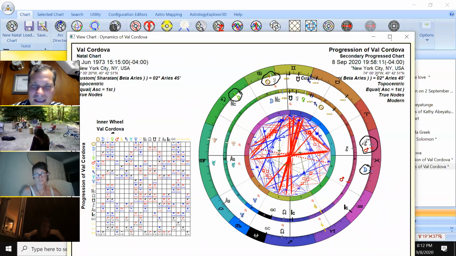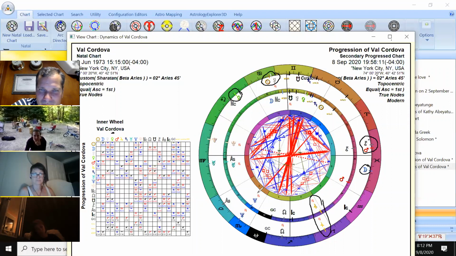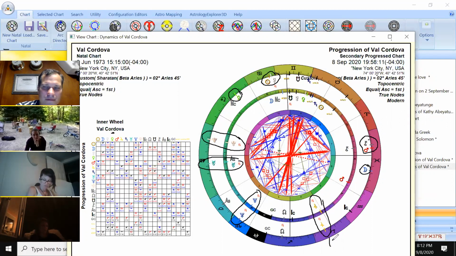If you notice, the outer planets barely move, right? Jupiter barely moves, Neptune barely moves, Uranus barely moves, Pluto barely moves. Because these each take, for example, Jupiter is 12 years to go through a chart. Neptune, I forget.